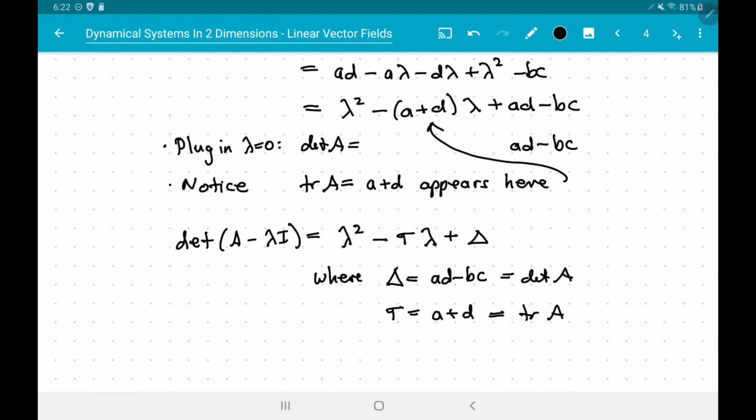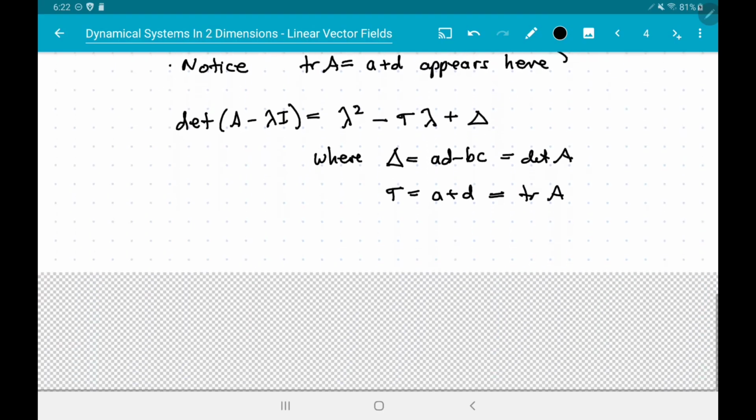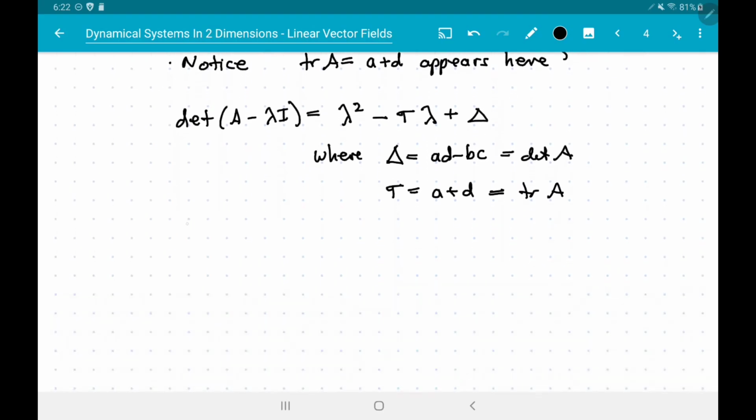The trace of A, incidentally, is the sum of its eigenvalues. So remember, the determinant is the product of the eigenvalues. The trace is the sum. And an easy way to see that in the case of 2 by 2 matrices is to factor a quadratic equation like this. So this has two solutions, lambda 1 and lambda 2.